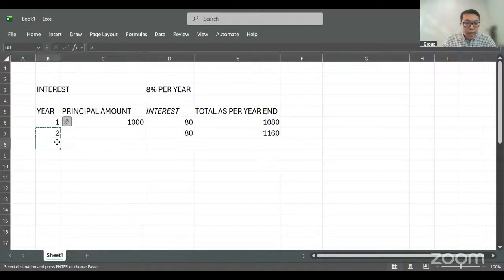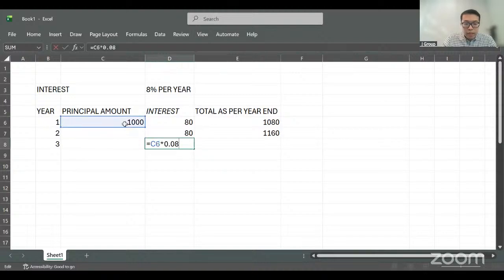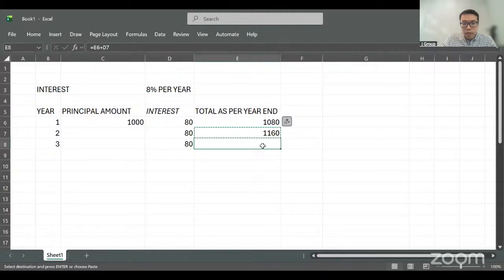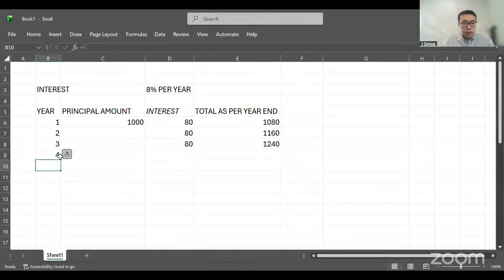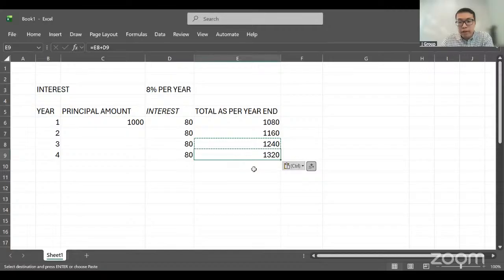Continuing to year three, still the same principal amount, and my interest is still based on this 1,000. At year three, my end amount will be 1,240. And in year four, still the same, my ending is 1,320.